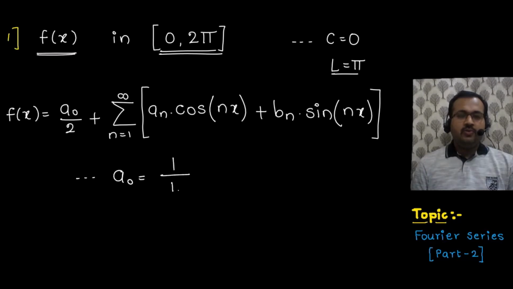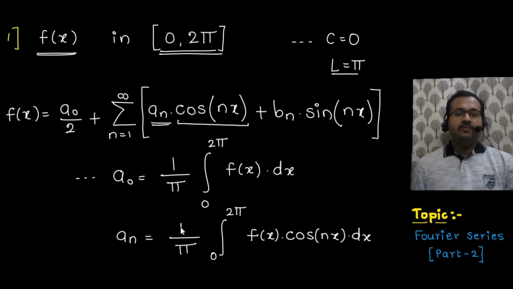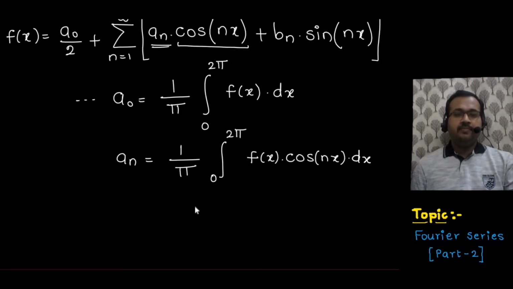a0 is equal to 1 upon pi integration from 0 to 2 pi of the function f of x with respect to x. An can be calculated by 1 upon pi integration 0 to 2 pi f of x. Since an is coefficient of cos nx, we take cos nx here while calculating Fourier coefficient an.